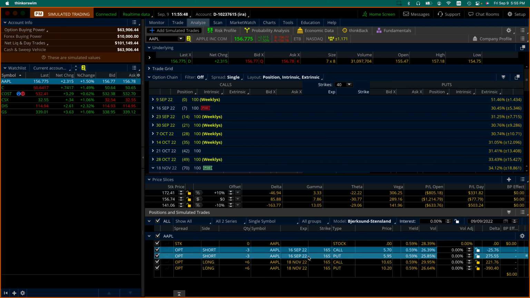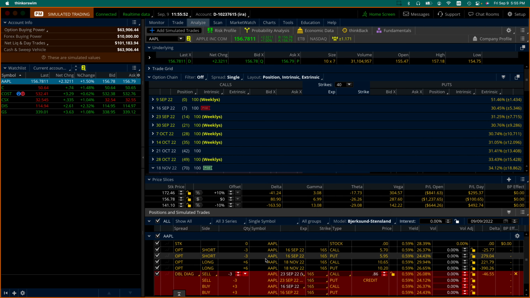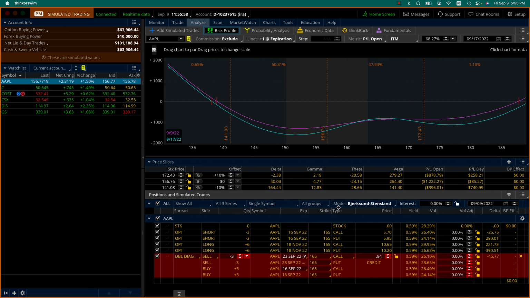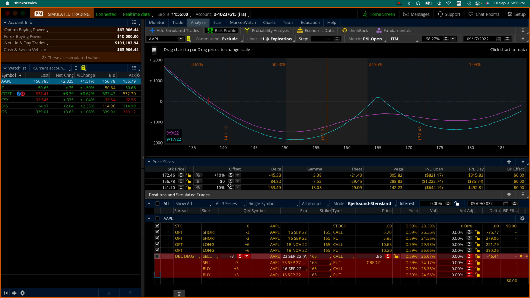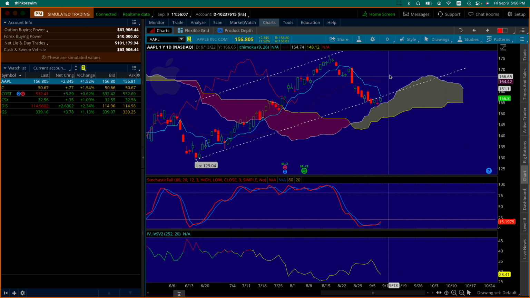So we can certainly do a rollover, analyze rolling, and that should moderate my deltas. Or perhaps, if you feel strongly about it, you can leave it the way it is until it reaches 65, thereabouts. And that's for Apple, 65, it will be halfway here in my trend analysis.